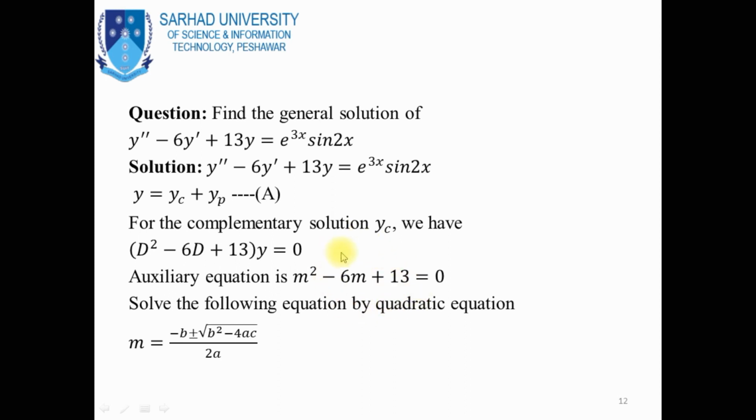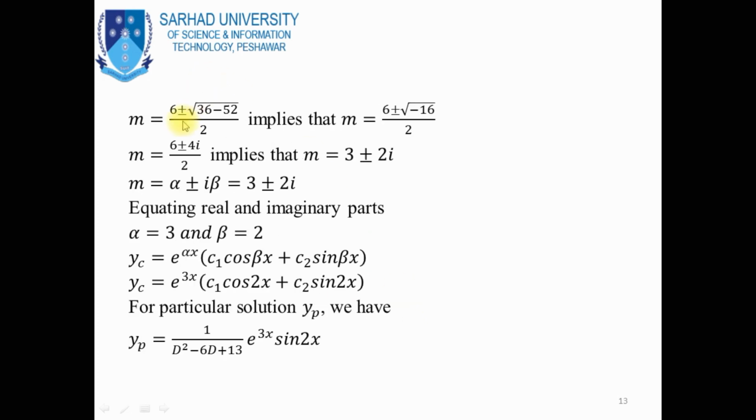This is a quadratic equation. Now we can solve it by using the quadratic formula: m is equal to minus b plus minus under root b^2 minus 4ac divided by 2a. Putting the value of a as 1, b as minus 6, and c as 13, m is equal to 6 plus minus under root 36 minus 52 divided by 2, which implies m is equal to 6 plus minus under root minus 16 divided by 2.